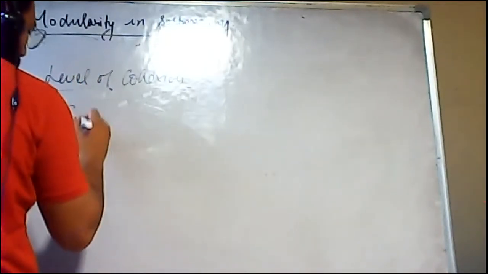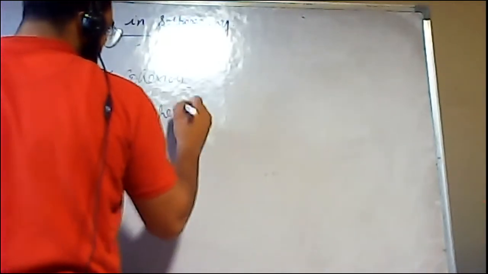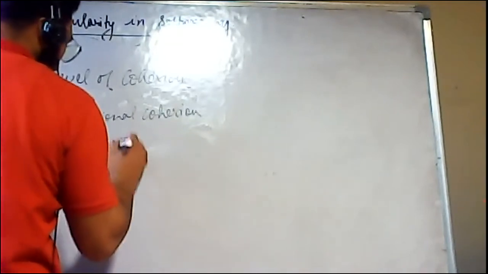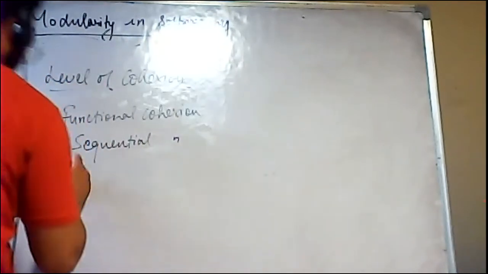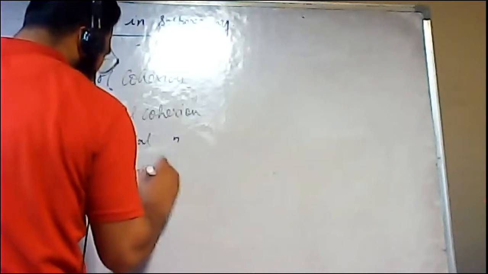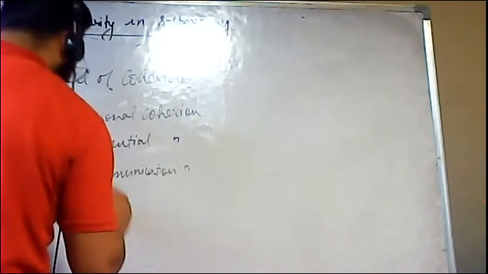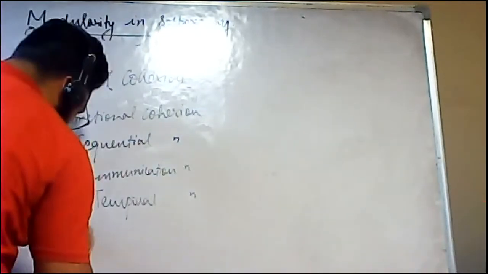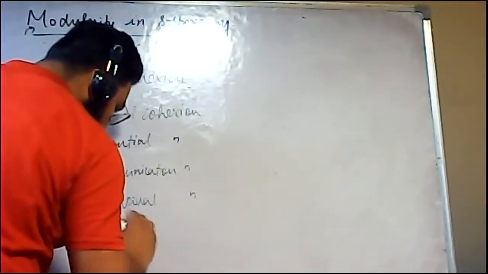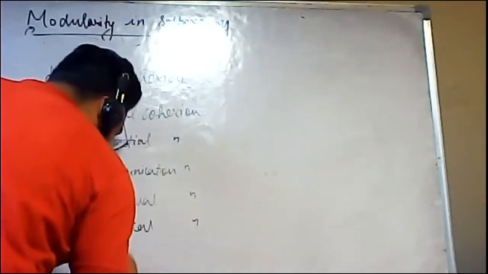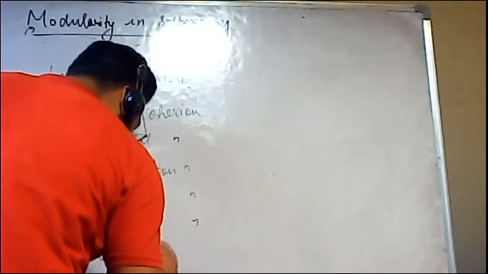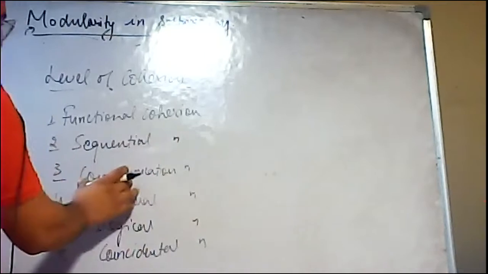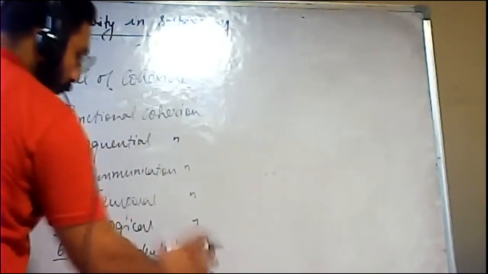First is functional cohesion, then sequential cohesion, then communication cohesion. Fourth is temporal cohesion. Then there is logical cohesion, and sixth is coincidental cohesion. These are the different levels: functional, sequential, communication, temporal, logical, and coincidental cohesion.